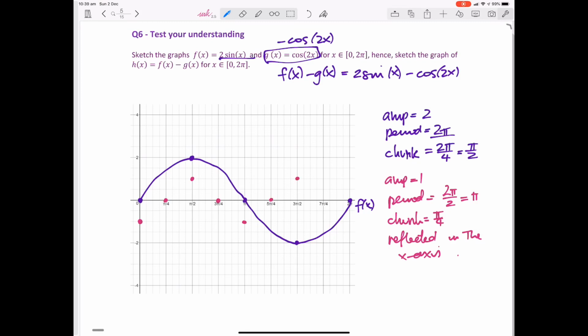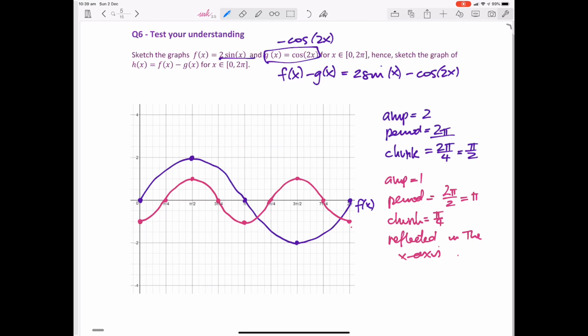So there, there, there, and there. And we made it negative, remember? So it's already reflected in the x-axis, because this is an upside down cos graph. Not to be mistaken with the fact that there's a sine graph there that looks pretty similar. Okay, so that is negative cos 2x.